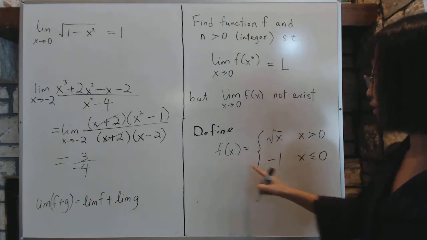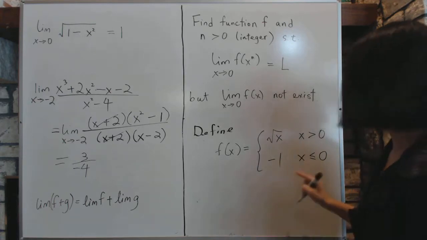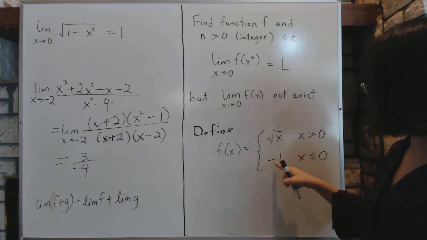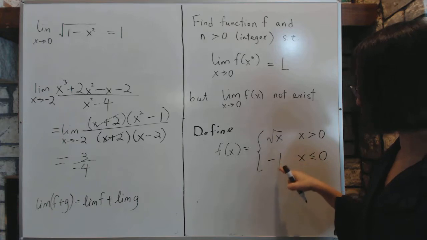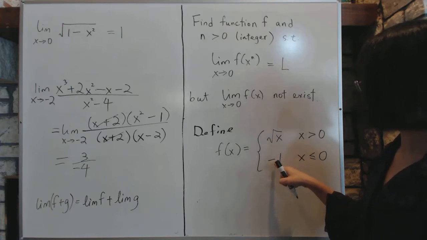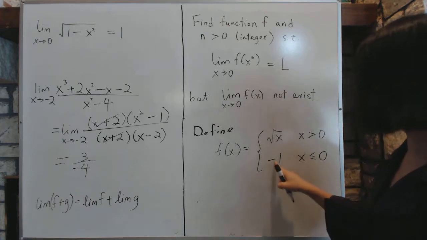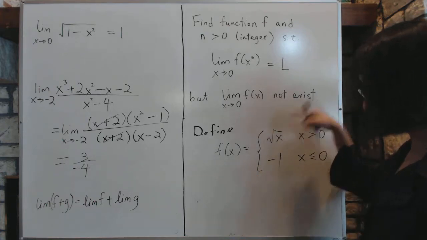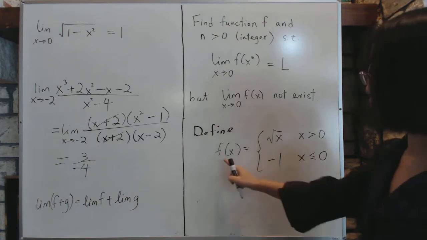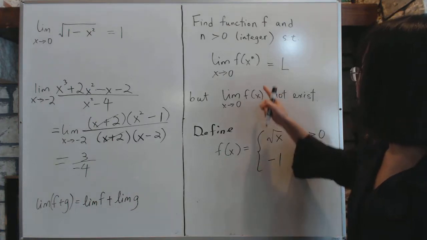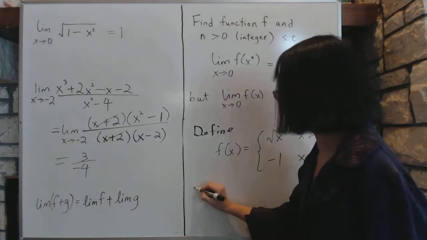In this case, f is defined on the entire real line, but as you can see, there is a jump at 0. It is -1, and after that, it jumps up to a positive number. So it's -1 all the way, and then jumps to something else. So f is well defined, and then we'll choose n equal to 2.